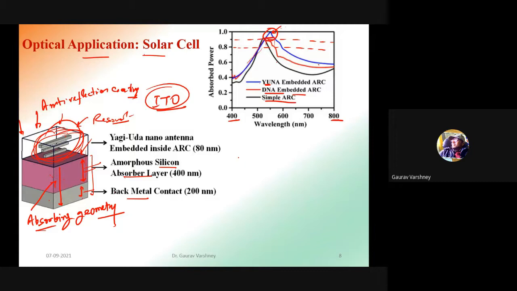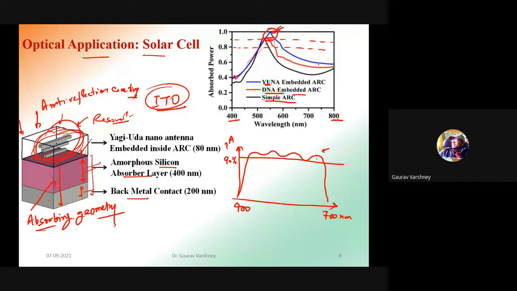Suppose you do one exercise: this is your complete visible spectrum, 400 to 700 nanometer, and you find characteristics like that. Absorption over the whole visible spectrum, with an absorption coefficient of more than 90%.